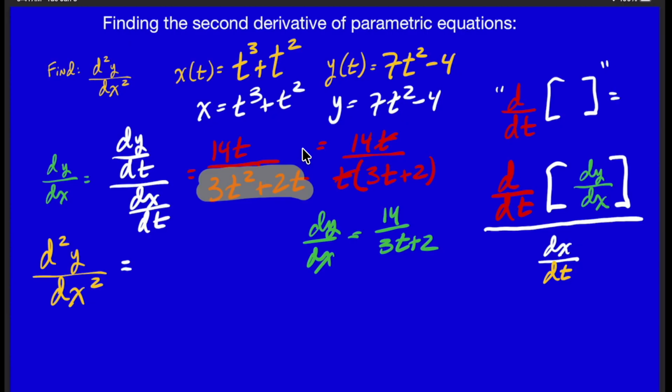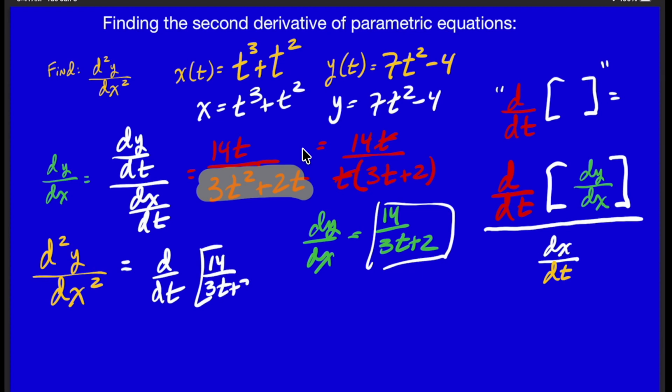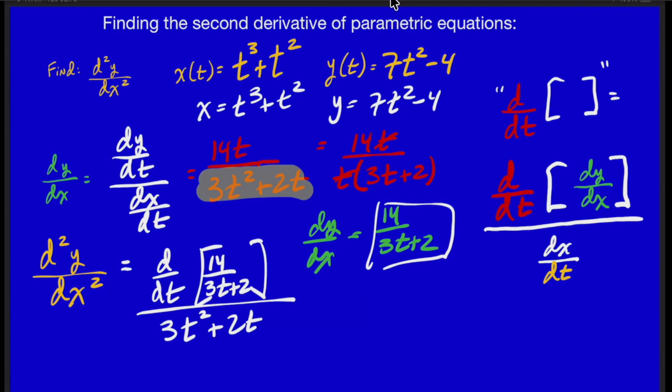We're going to take d/dt of dy/dx. dy/dx is right here in its simplest form, 14 over 3t plus 2. And then we're going to divide that by the original dx/dt, 3t squared plus 2t. Okay, let's come back in a few moments and we'll take that derivative together.